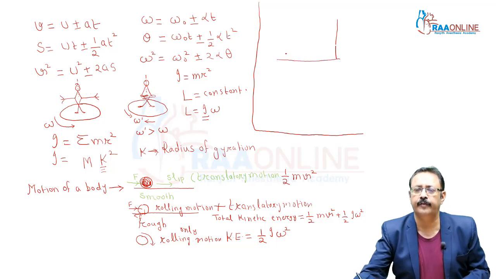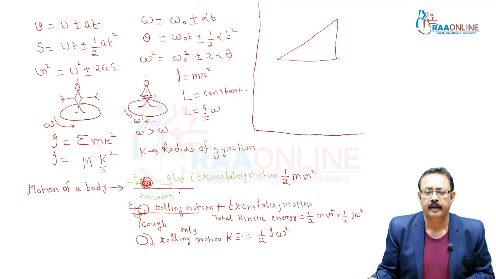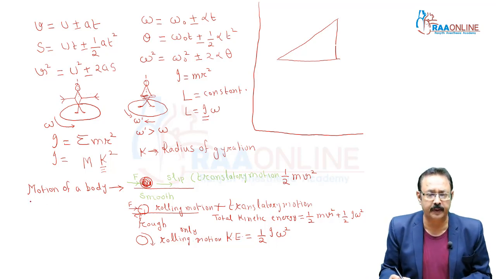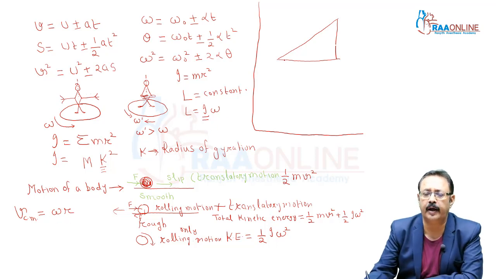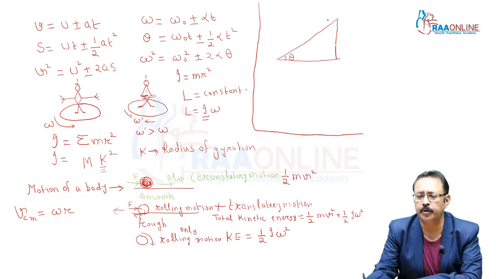If you have, and remember always, if both types of motion are present there or translatory motion is present there, velocity of center of mass you can calculate by omega into r. If you put an object on one inclined plane, both motions are present there because this surface was rough.